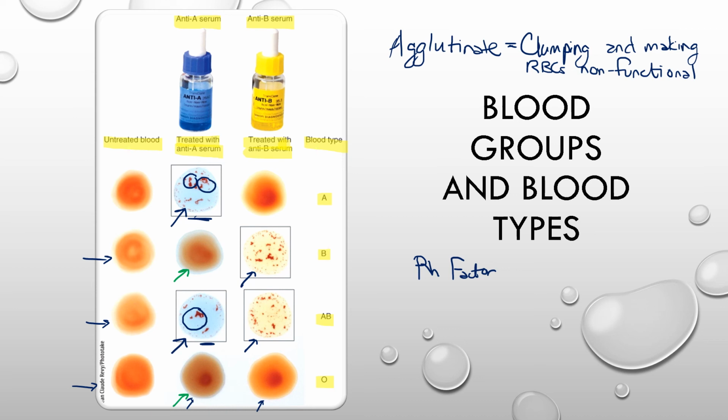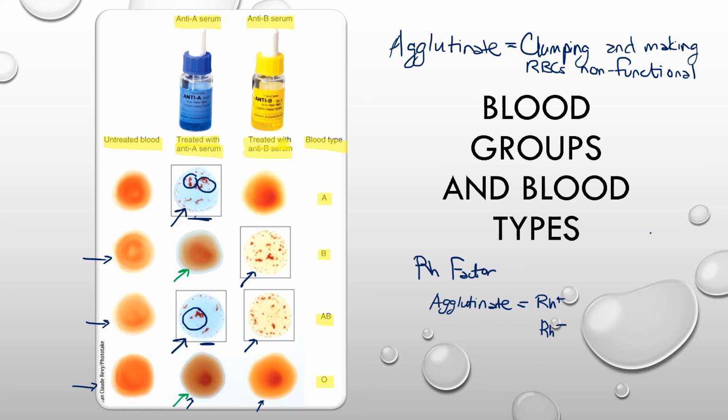Now if the blood agglutinates, then it is Rh positive, and if no agglutination occurs, it is Rh negative. So this is where you get your positive or negative that comes after your blood type letter.